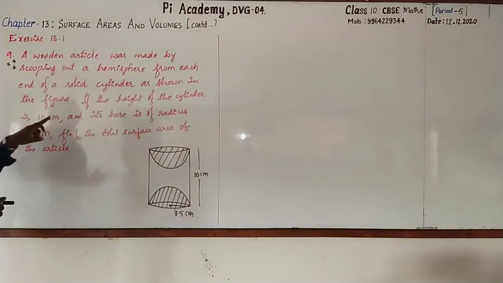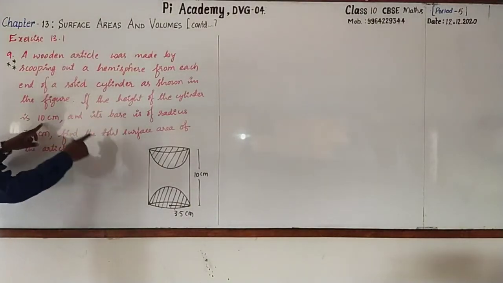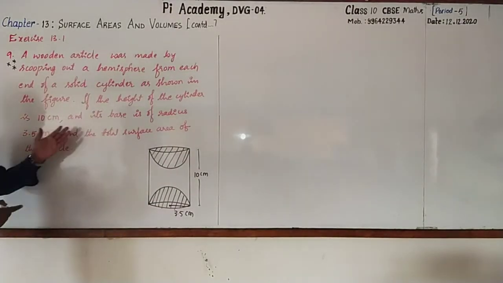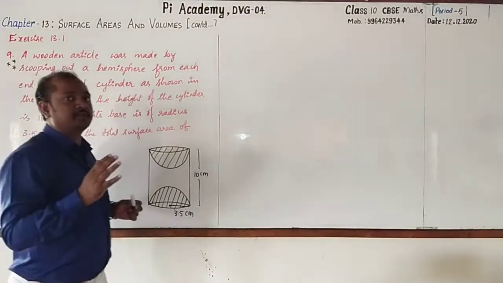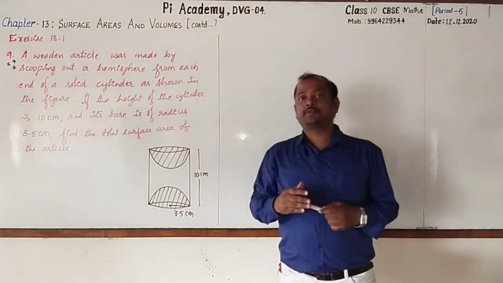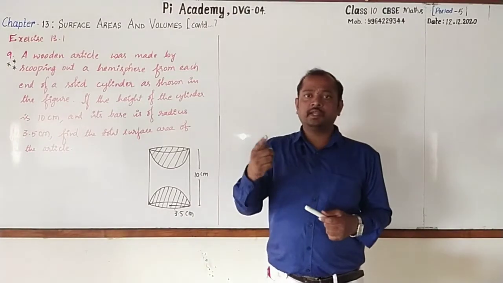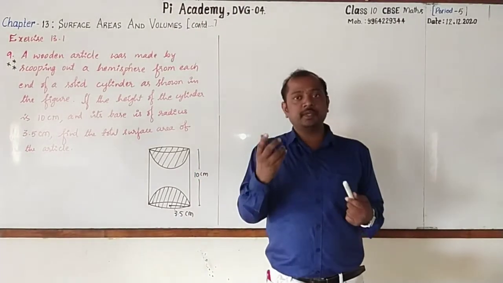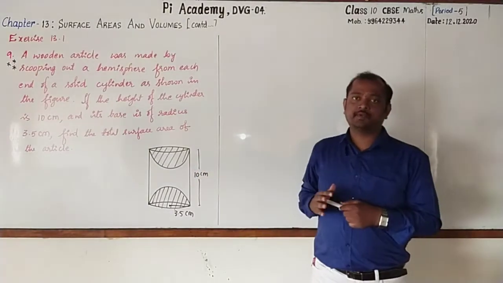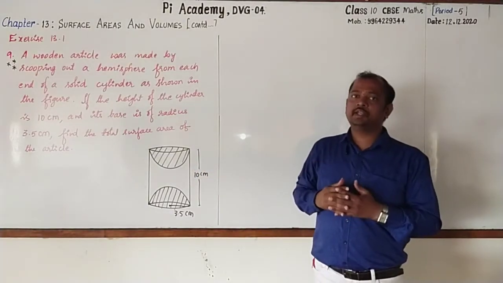Now, if the height of the cylinder is 10 centimeter and its base radius is 3.5 centimeter, we have to find out the total surface area of the solid, that is the remaining solid. Total surface area, whatever the area of that remaining solid can be seen or where it appears, that is its total surface area. Then how do you go for finding?